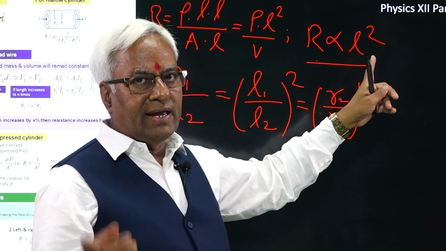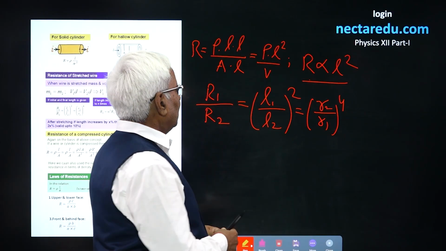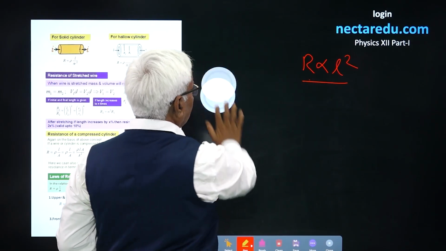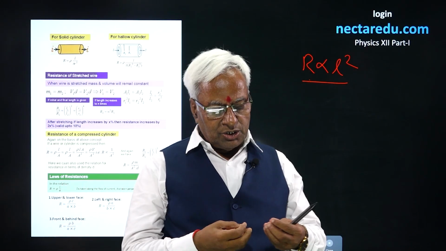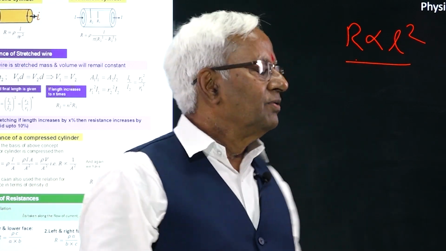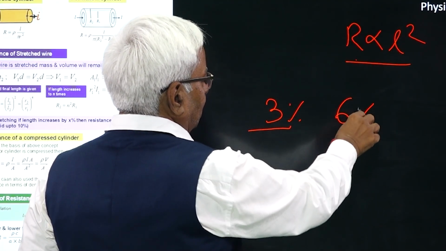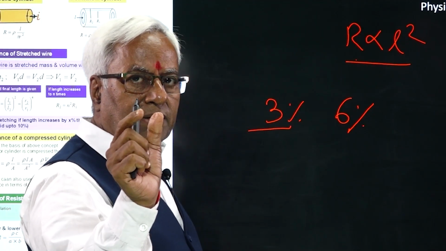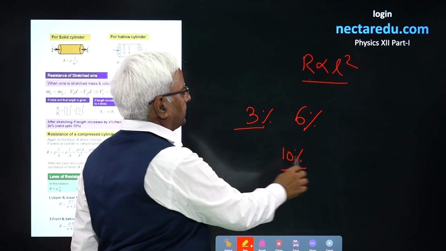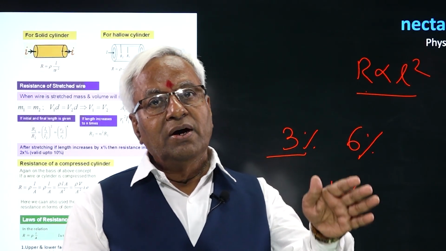If length is increased by n%, resistance will increase by 2n%. But it will not be sufficient to memorize this much only, because here you have applied the condition of stretching. If the length increases 3%, you would say resistance has increased by 6%. This increase was by the process of stretching. It will be applicable only up to 10%, not beyond that. If it is compressed, then also the same thing, you could talk in terms of radius.